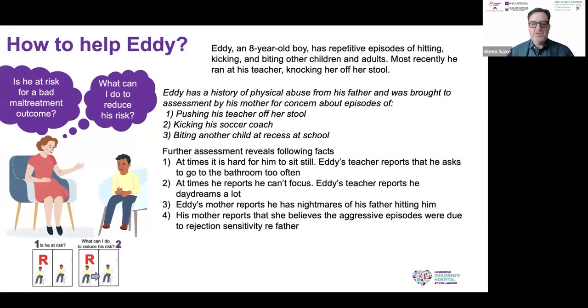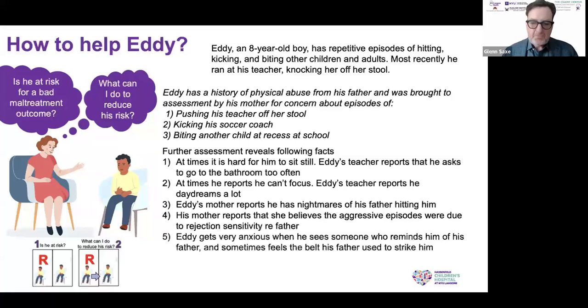His mother reports that she believes his aggressive episodes are due to rejection sensitivity because of how much she observed his father rejecting him. He gets really anxious when he sees someone that reminds him of his father, and sometimes he even feels the belt landing on him that his father used to strike him with.